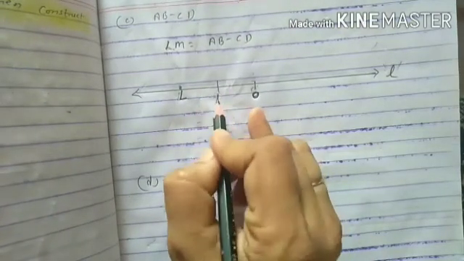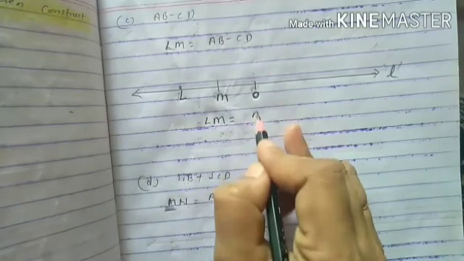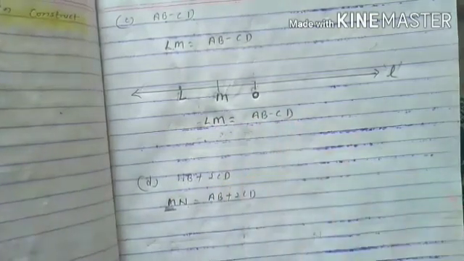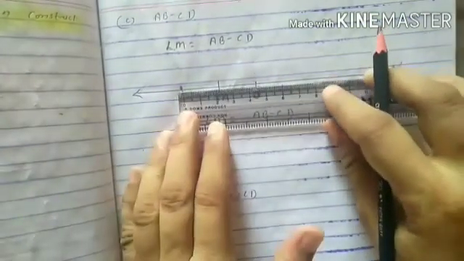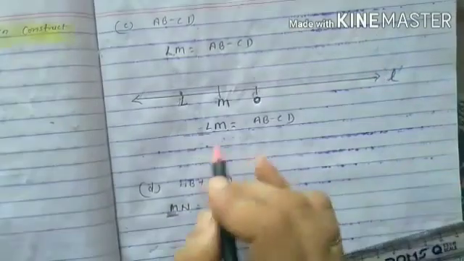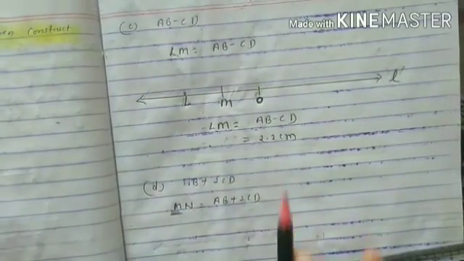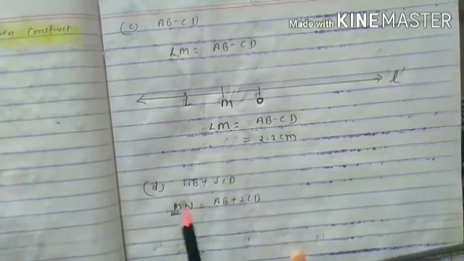Give it the name M. So what is the measurement of this LM? Let us measure. 2.2 centimeter. Understood?